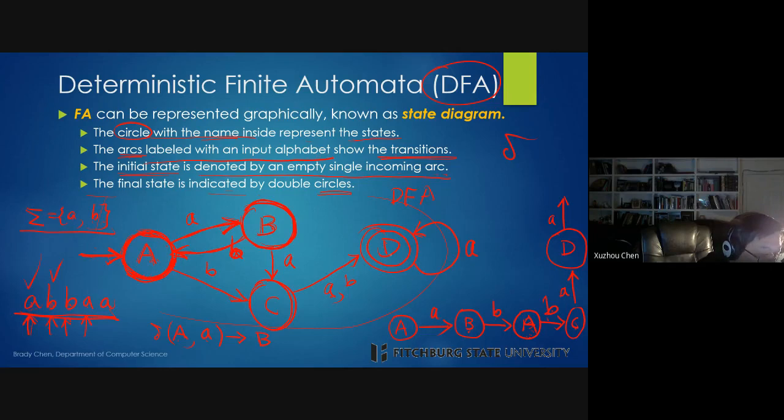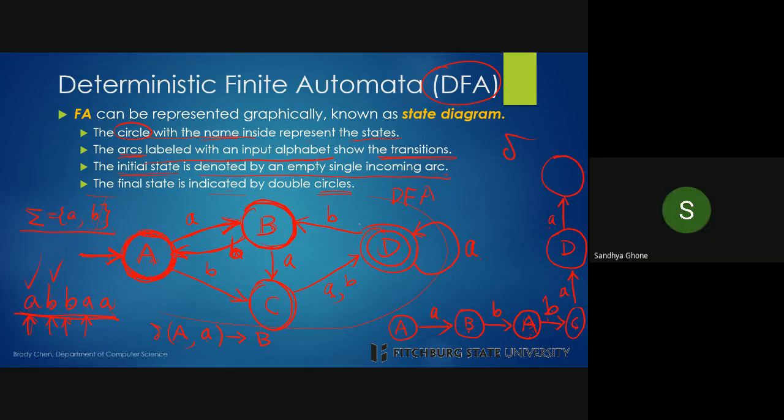If the current state is D and the input is B, I go back to B. Now the current state is D and the input is A. What is the next state? D, still D, right?